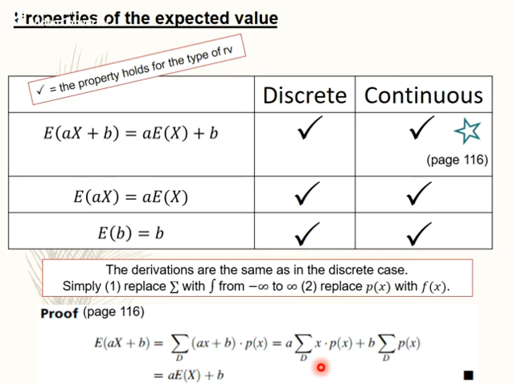If I asked you this for a continuous random variable, you'll start with this exact same side, and everywhere where you have a summation, you'll have an integral from minus infinity to infinity, and then obviously in place of p(x), f(x). If you wanted to give reasons for this first line, you'll just say that this comes from the definition of the expected value. That's exactly what you'd write in brackets: definition of expected value. And then to get to this step, in this case it's a summation, but for ours it would be an integral.